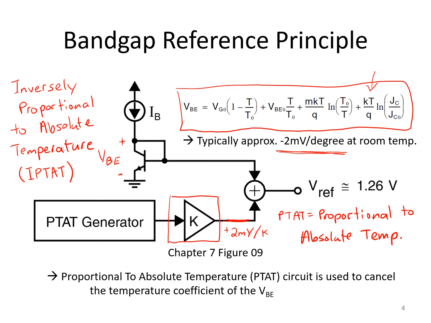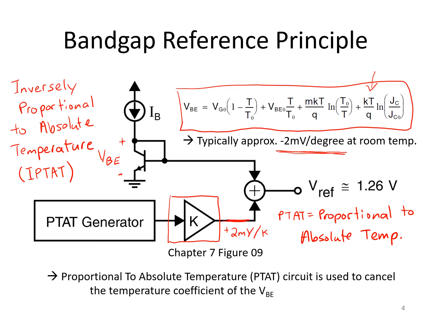And then adding those two, the temperature coefficients will cancel and you'll end up with a perfectly constant voltage that doesn't change across temperature variations. And of course, you have to take other measures to ensure that it also doesn't depend on supply voltages. So if there are any amplifiers or current sources involved, they should have good power supply rejection and so on. And then you can arrive at a stable voltage reference.